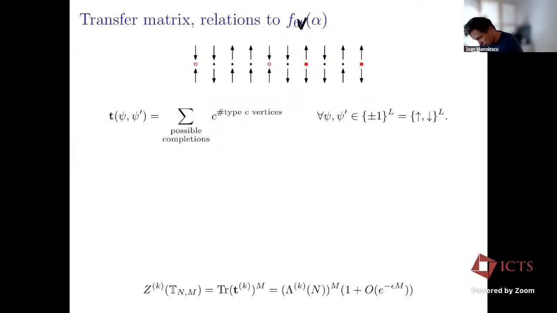So here's one entry of the matrix, and here's another. The line and the column are given by these two things. So it's a 2^n by 2^n matrix. And the entry corresponding to this is simply you take all the possible ways of drawing horizontal arrows that obey the ice rule.